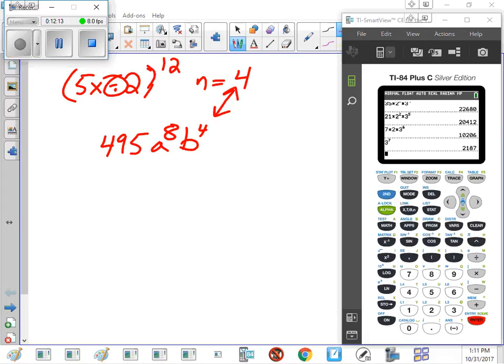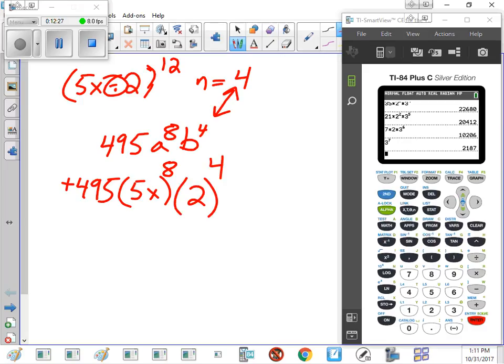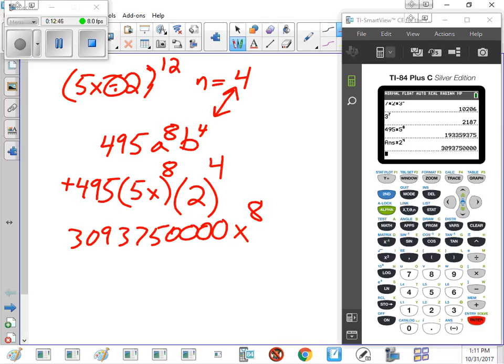So for this problem, I'm going to have positive 495, a is 5x to the 8th, times 2 to the 4th. So I just type in 495 times 5 to the 8th times 2 to the 4th, and this is going to be a really big number. So 309375000 x to the 8th.